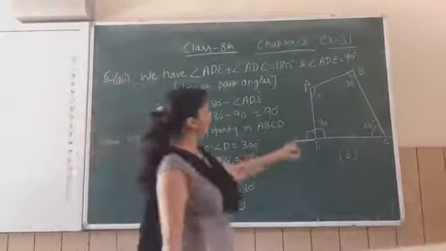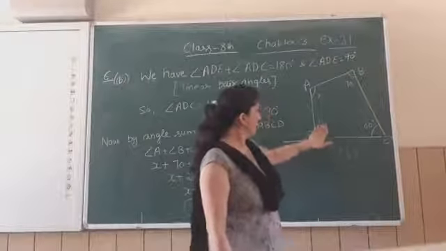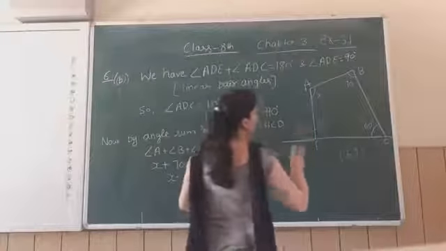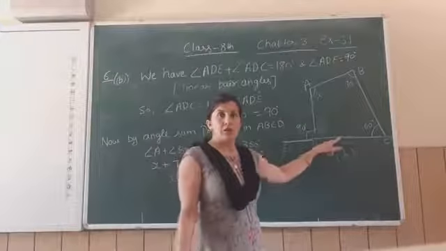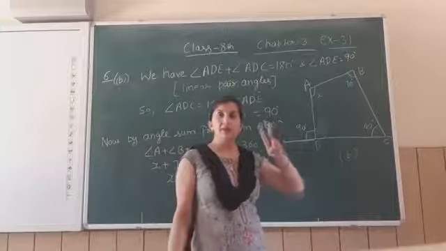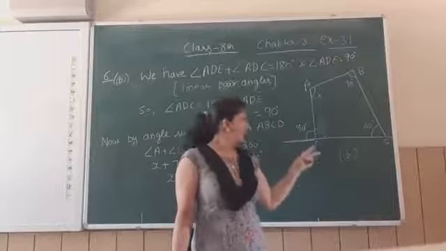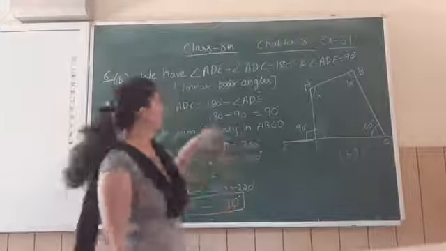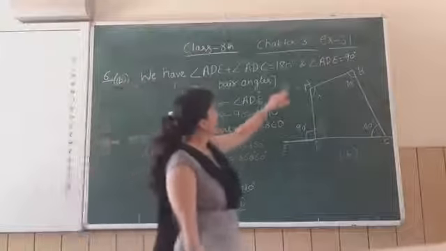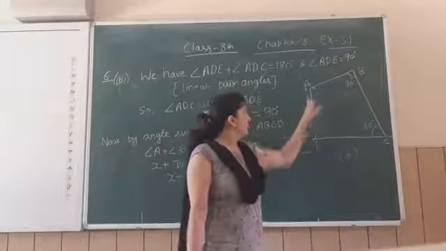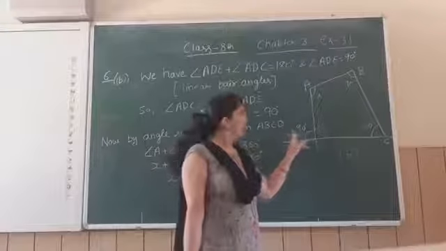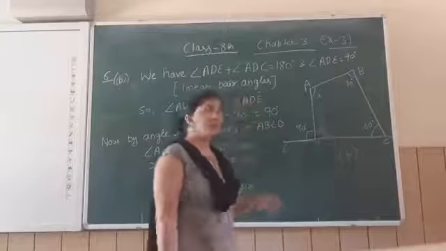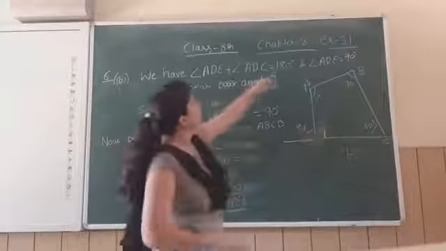Now the B part, a figure is given. This angle is not given, but this angle is given. This is the sign that this angle is 90 degrees. This angle and this angle form a straight line. When two angles join and form a straight line, their sum will be 180 degrees because these angles are called a linear pair. The linear pair angle sum is 180 degrees. So we have named the points A, B, C, D and E. Angle ADE, 90 degrees, plus angle ADC is equal to 180 degrees.